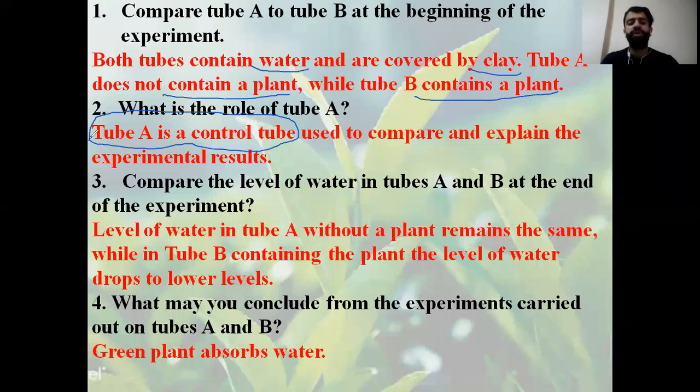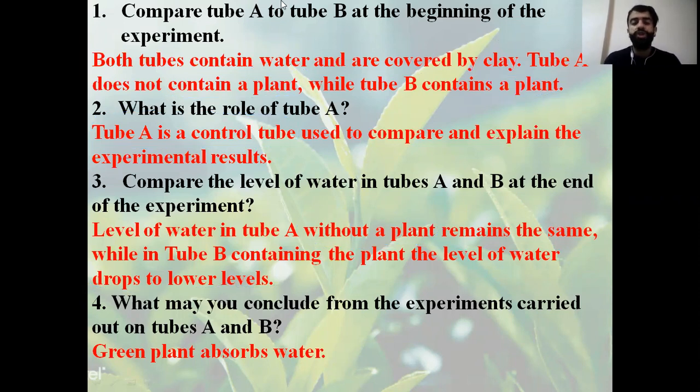The level of water in tube A without a plant, so this is the variable factor, remains the same. However, in tube B containing a plant, the level of water drops to a lower level. What can you conclude from this experiment? We can conclude that the green plants absorb water.